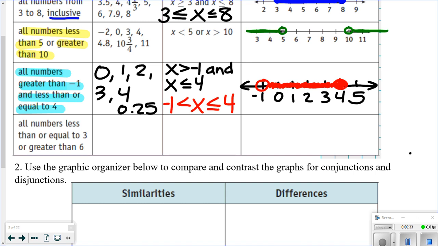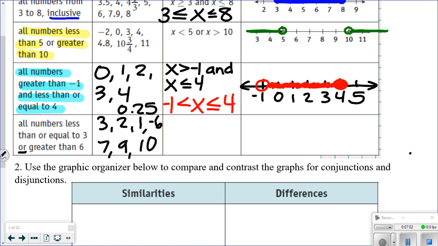All numbers less than or equal to 3 or greater than 6. So give me a number less than or equal to 3: 3, 2, 1, -6. Give me a number greater than 6: 7, 9, 10.